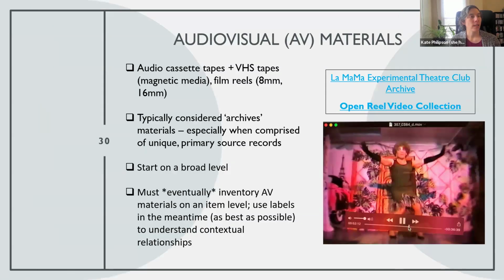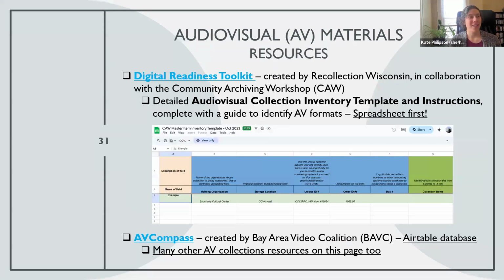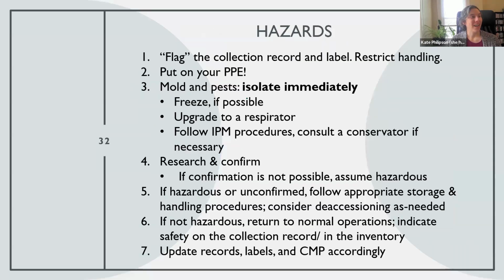I don't think I have anything else really major that you can't glean from the resources and the slides, which everyone will receive after the presentation. AV collections are unique in that you do want to think about them on an item level. I have some resources for that. Running into hazards is unique. This is the same slide as in Katie's presentation because it's important to consider.